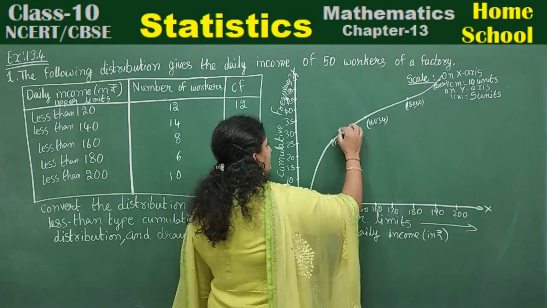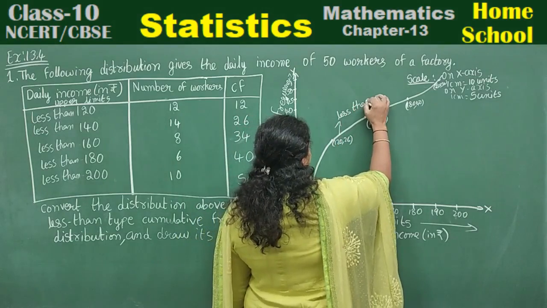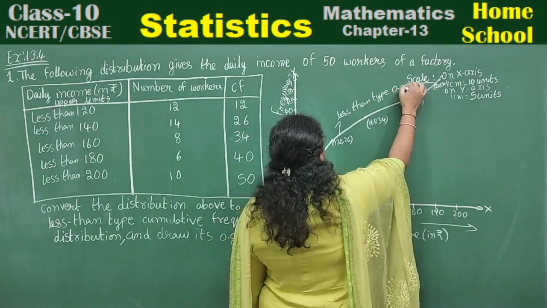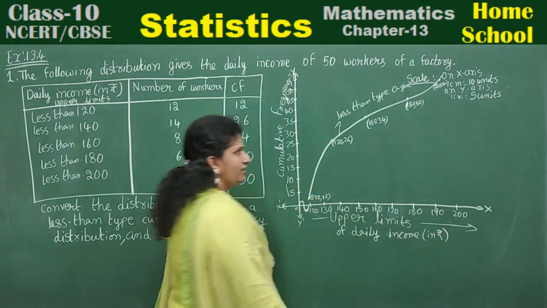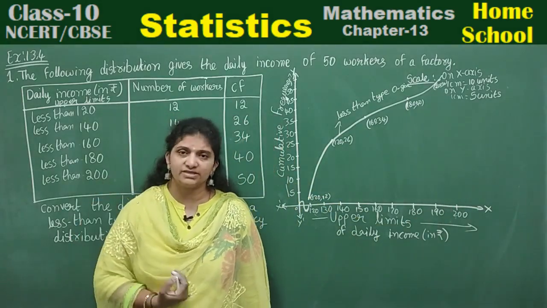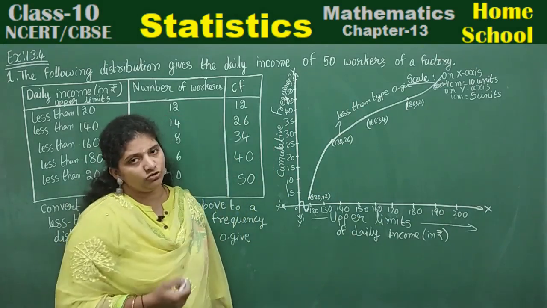And right here, less than type ogive, right? So they asked us to convert the frequency distribution into less than type and show me the ogive.